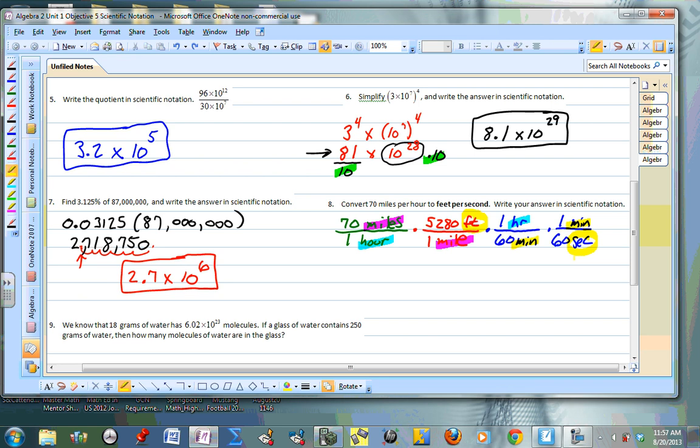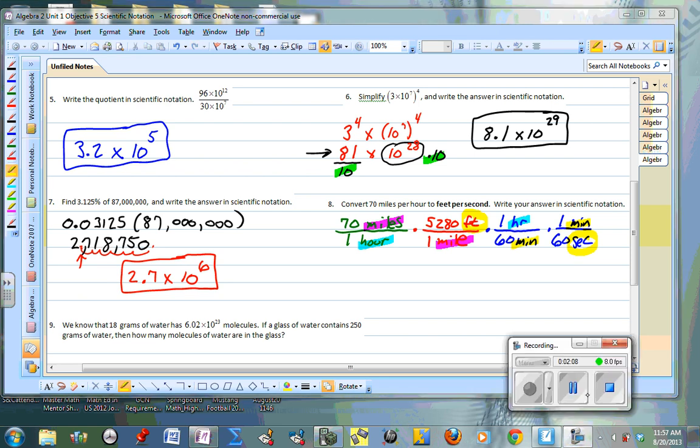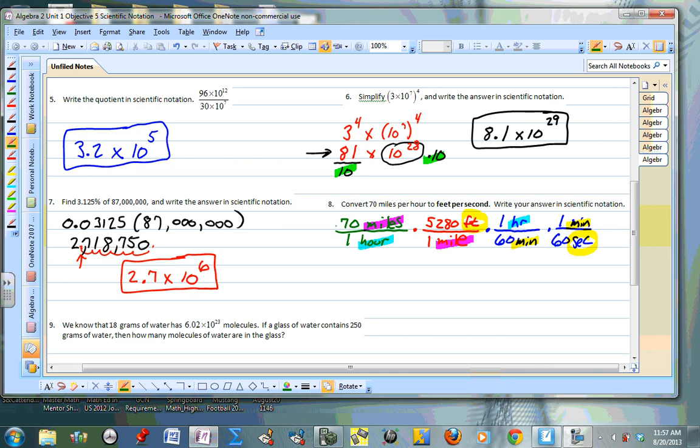Now we just need to do the computations. If you multiply across the top, the numerators of each fraction, you get 70 times 5,280 times 1 times 1. That will give us 369,600 feet.